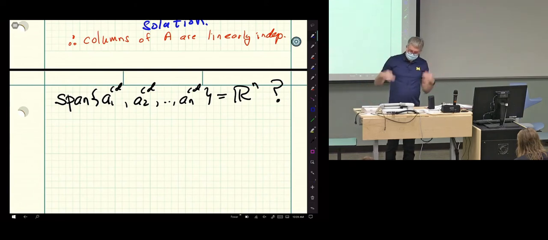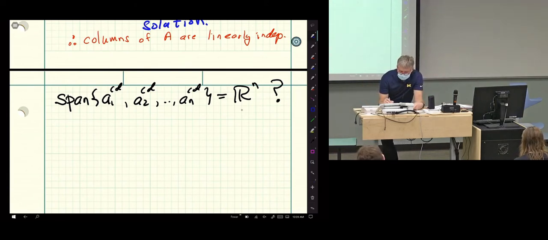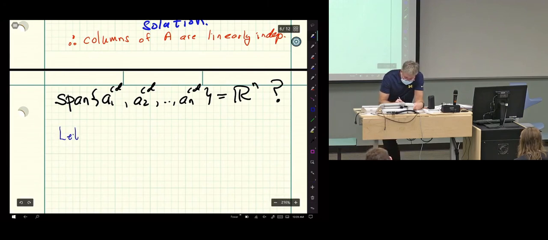We want to take an arbitrary vector in Rn and find coefficients so that we write that vector as a linear combination of the columns. So I'm going to let B in Rn be an arbitrary vector.